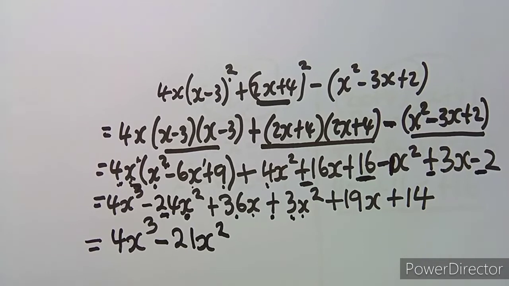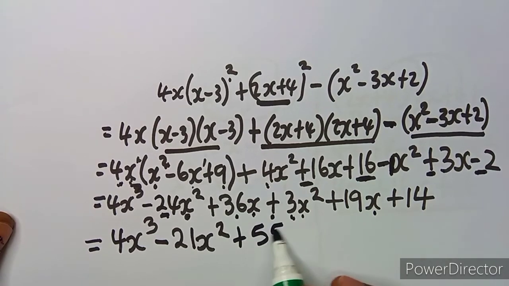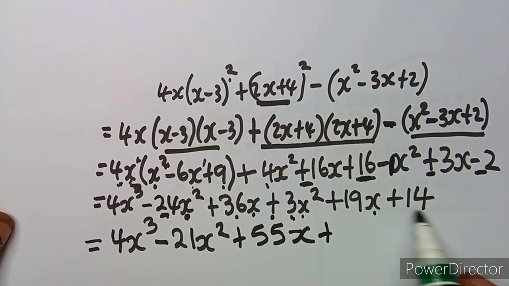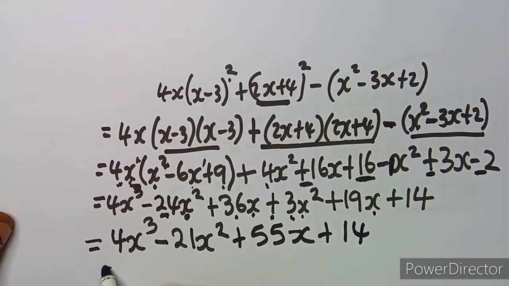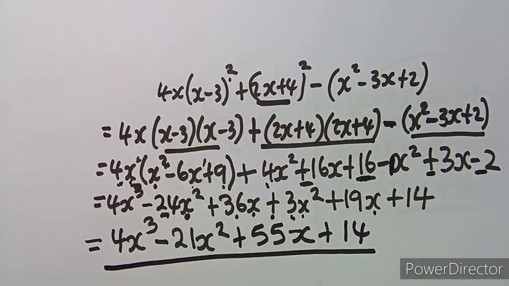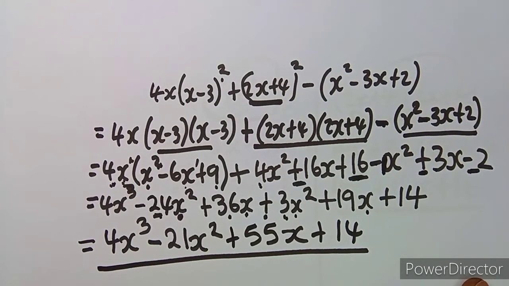Then 36x plus 19x. Take note, so x and x, it's going to give us 55, if I'm not mistaken, that's 55x. All right, plus 14. There is nothing to add, all the numbers have been used, so it's just going to be 14 like that.